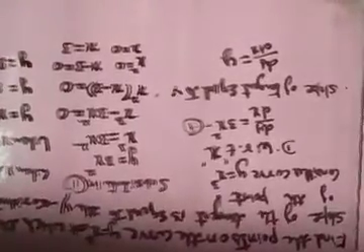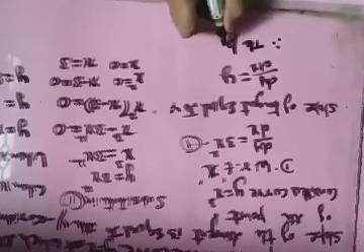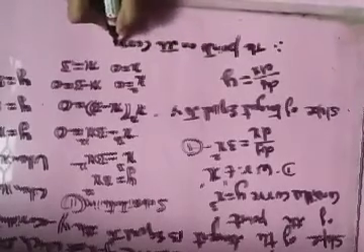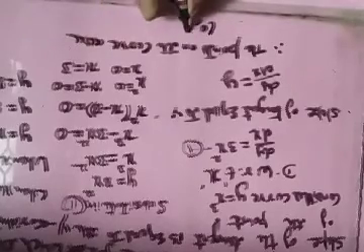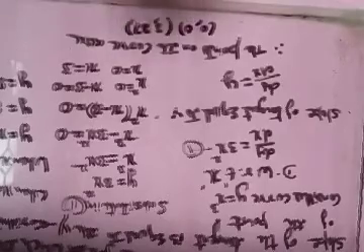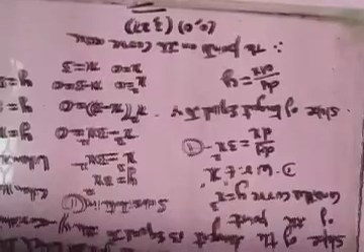Therefore, the points on the curve are 0, 0 and 3, 27. This completes the problem. Next problem.